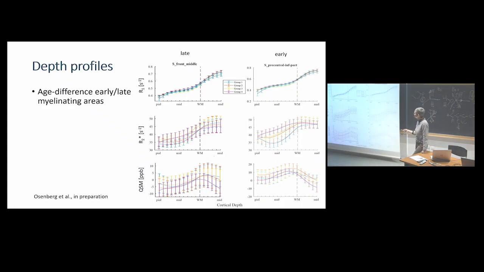When we look at different age cohorts, group 1 is the youngest age cohort and group 4 is the oldest. The youngest were around 20 and the oldest were around 70. We can see that there are age differences, specifically in brain regions which we know myelinate early in development and those which myelinate late in development.